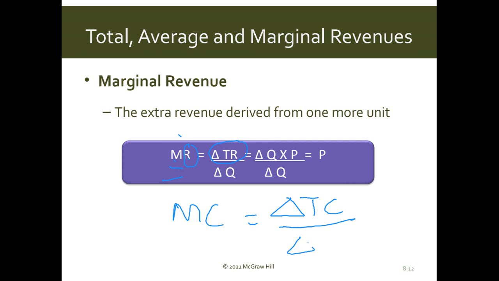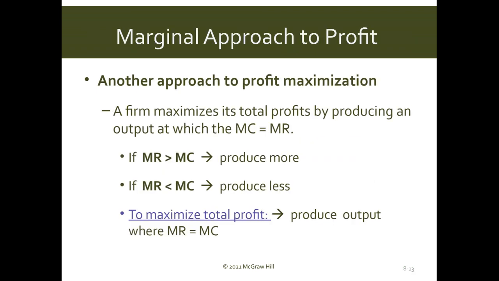So you can see if your marginal revenue is greater than marginal cost, what does it mean? It means the additional unit that you are going to sell is profitable, because the additional revenue is more than the additional cost. So you're making money, produce more.